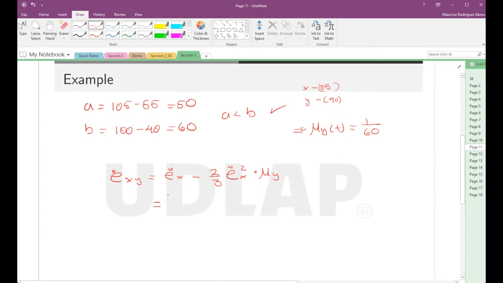So the expected value for x is going to be 25, then 2/3 of 25 squared times 1 by 60. How much is this?